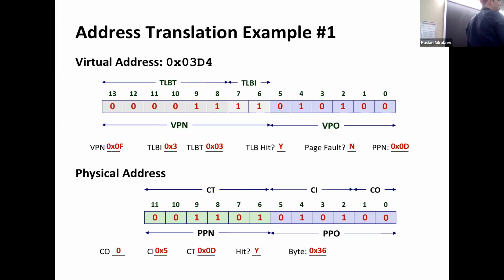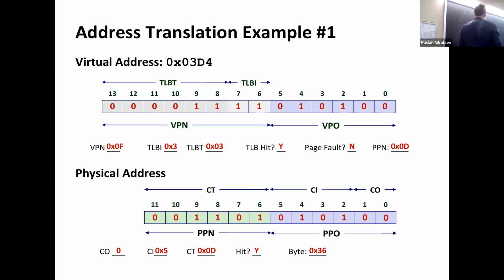Am I correct? Yeah, I think 1, 1, 0, 1. Yeah, so that is our physical page number. But actually it's more, because remember the physical address is 12 bits, out of which we have 6 bits for the page offset and another 6 bits for the page number.